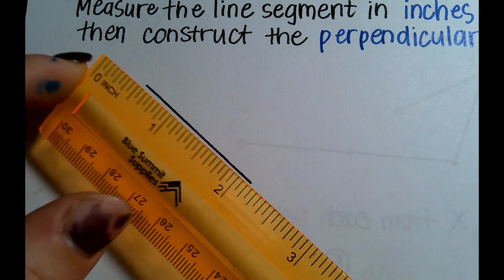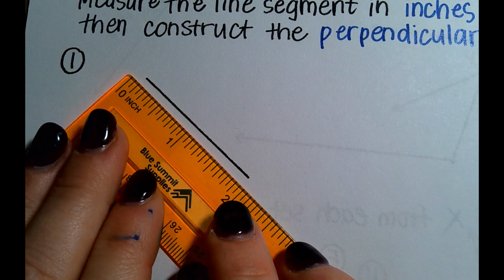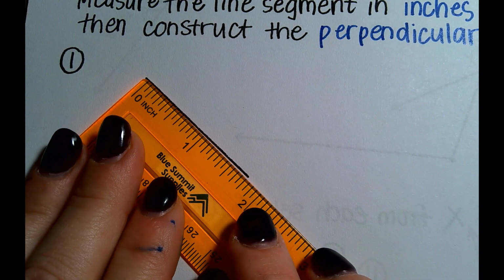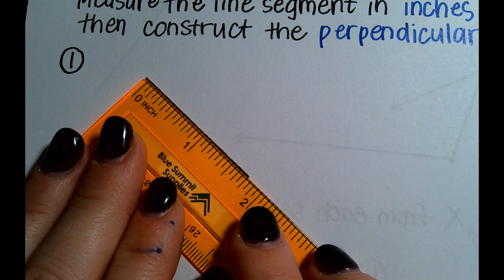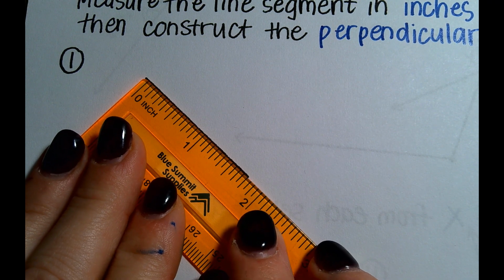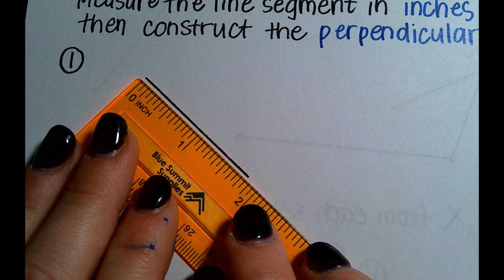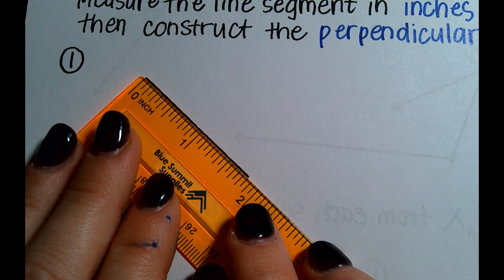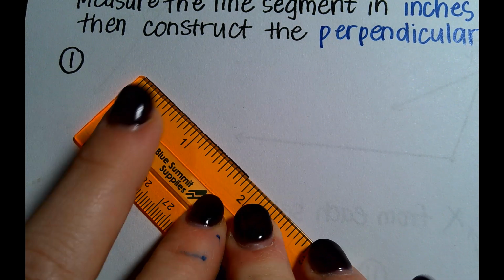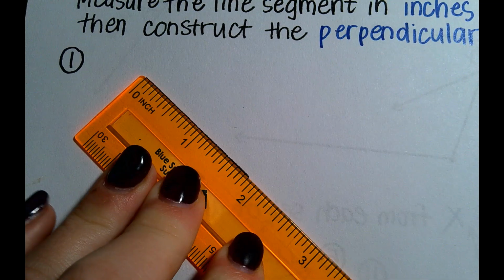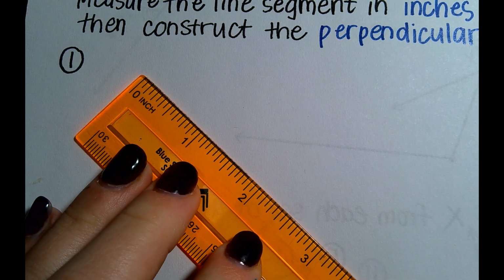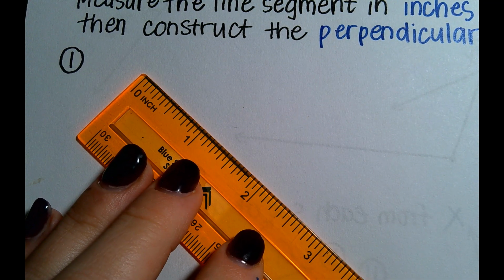Okay, so I'm going to take my ruler, and do I have it lined up properly? No. What about now? Okay, so here is what I like to do. I might even push it a little farther up.